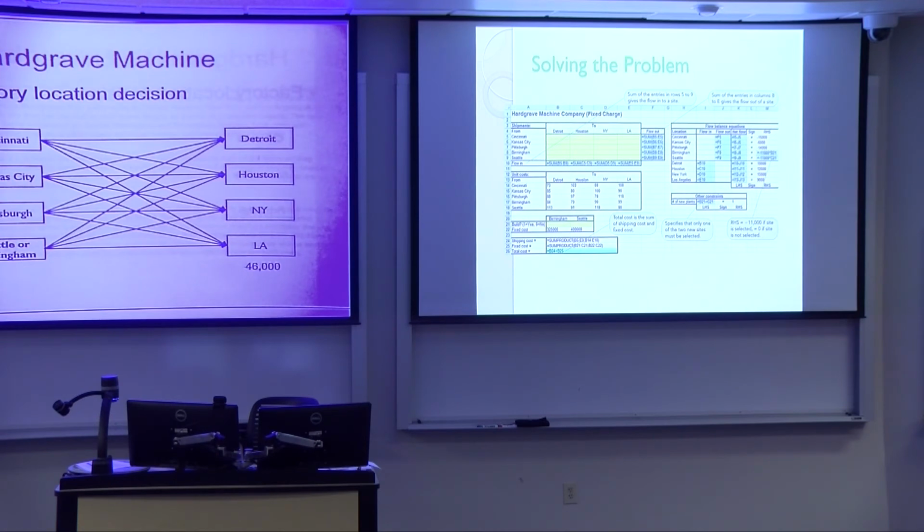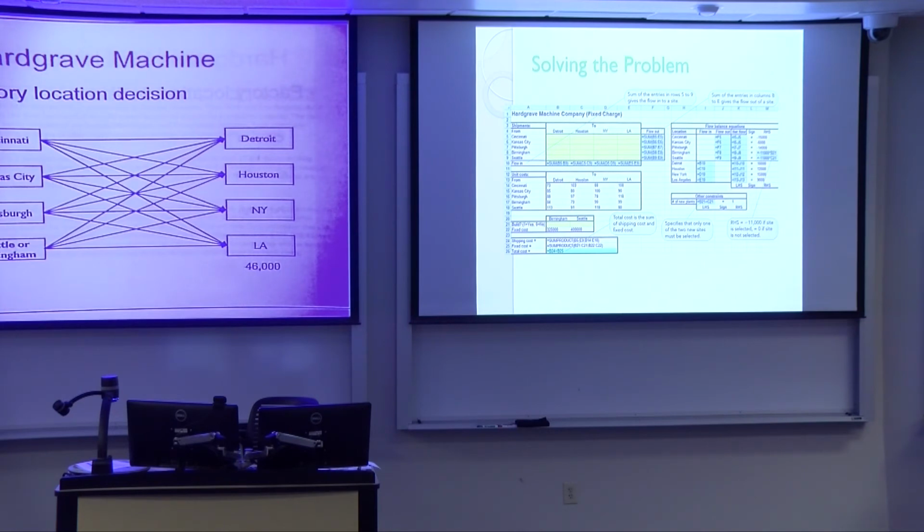All the others are very similar to the transportation network model. You are calculating the flow into Detroit, from B5 to B9, and here the flow out for Cincinnati is from B5 to E5. You add them up. All these are the same flow in, flow out. Then let's look at the flow balance equation.